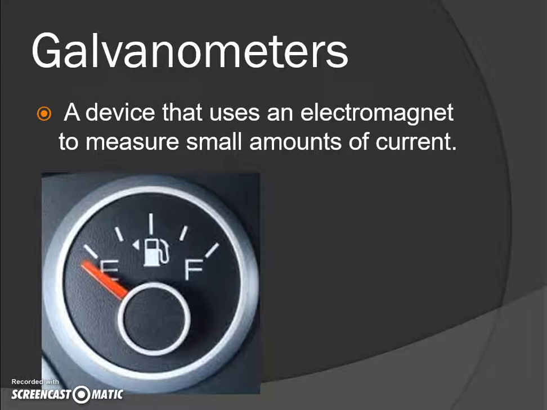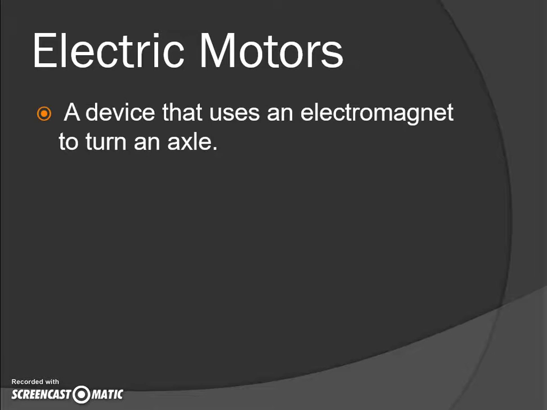We also have electric motors. These use an electromagnet to turn an axle. And that is where you have a loop of wire that goes through something called the commutator. And as that commutator turns, it changes your current back and forth.